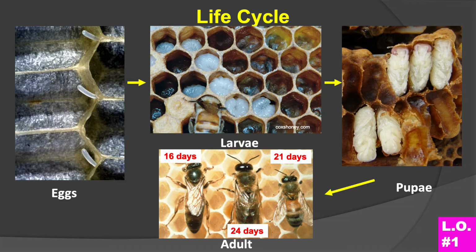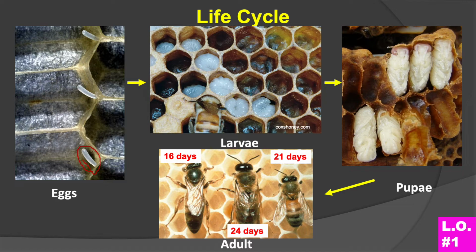So this slide is illustrating the developmental stages of the honeybee in order to complete metamorphosis from an egg to an adult bee. As you can see in the leftmost picture, in the cells, these are eggs that the queen has laid at the bottom of the cell. In this picture, the cell has actually been cut in half, and you're looking down inside the cell.